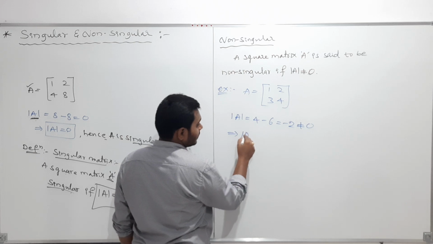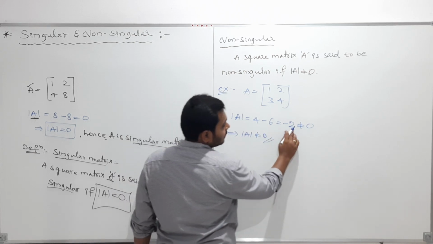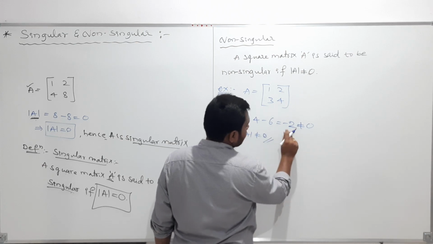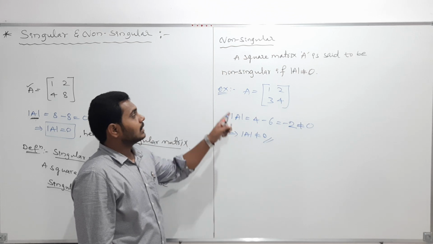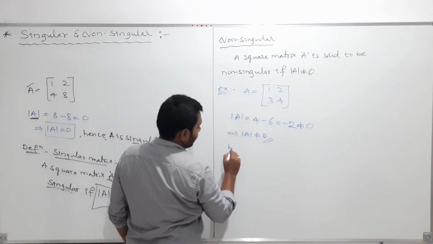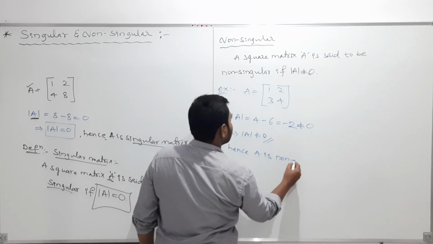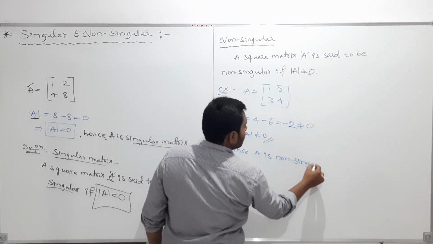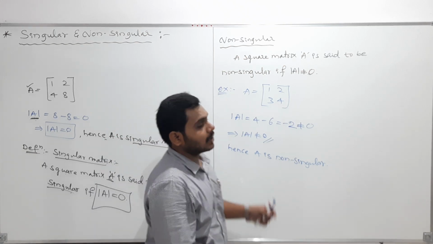This implies the determinant of A is not equal to 0. Hence A is a non-singular matrix.